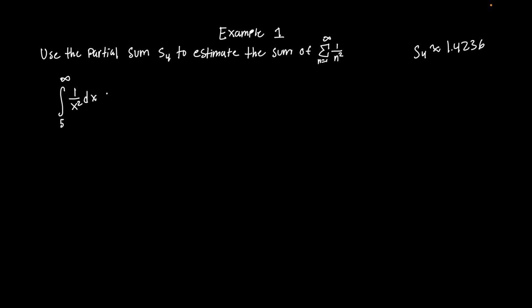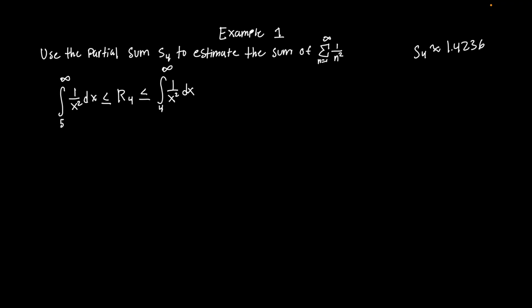is less than or equal to the fourth remainder, which is less than or equal to the integral from 4 to infinity of 1 over x squared dx. So now all we've got to do is compute the integrals.